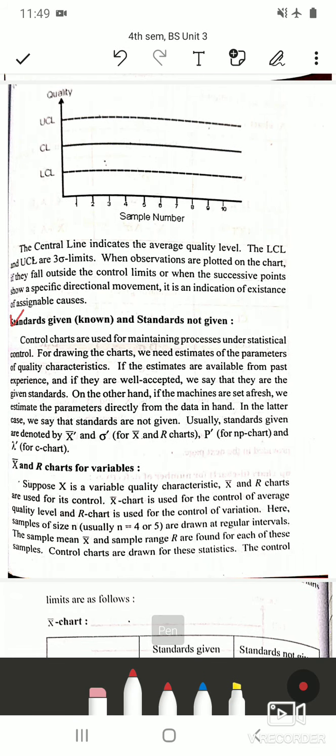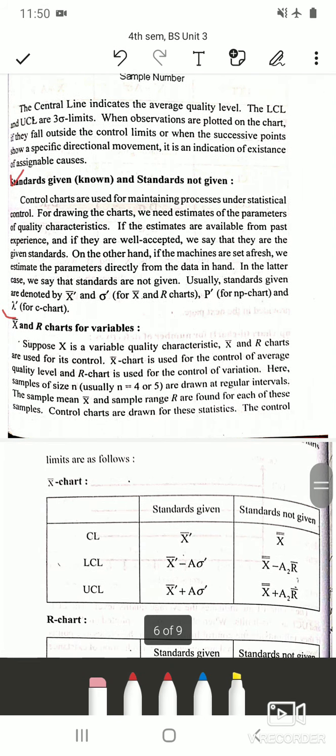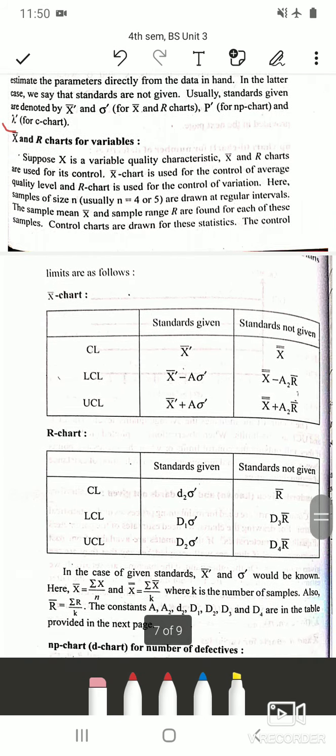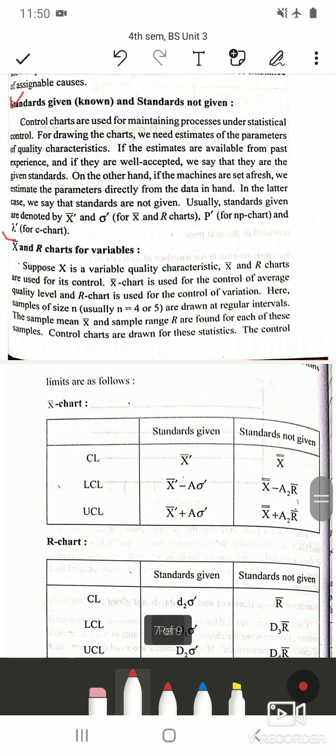Now in control charts there are two types: when the standards are given and when the standards are not given. Based on whether the standards are given, there is one set of formulas for the charts. When standards are not given, you have to use the other formulas. We will see that. Coming to the charts, X bar chart and R chart for variables we had seen, and we use C chart and NP chart for attributes.